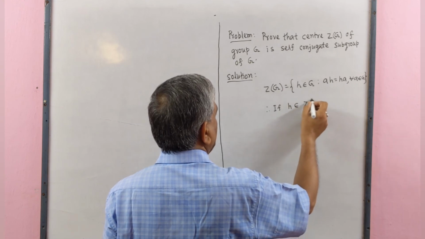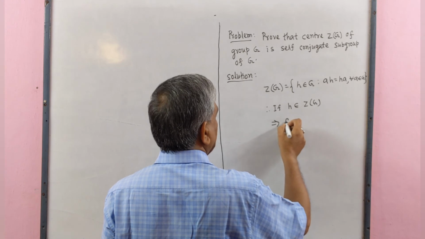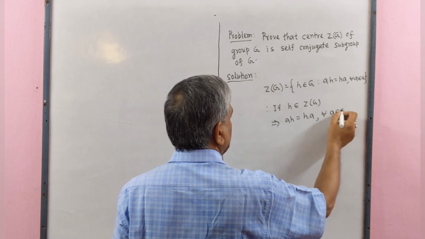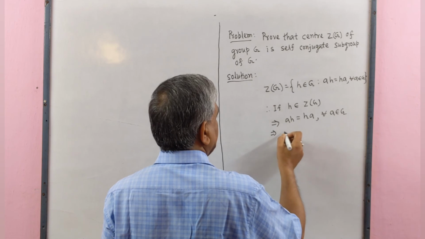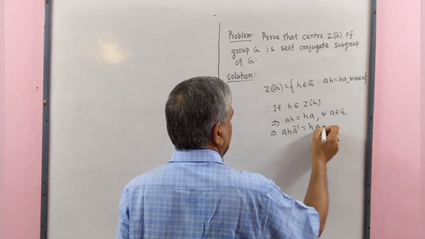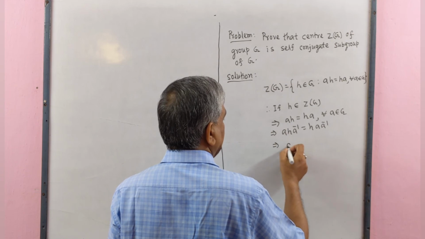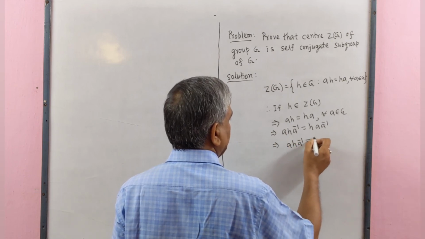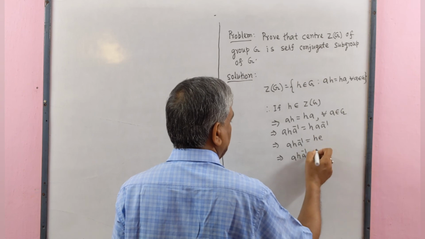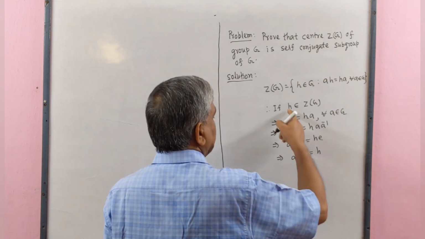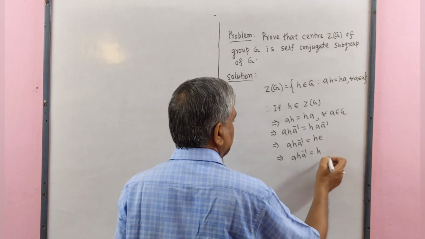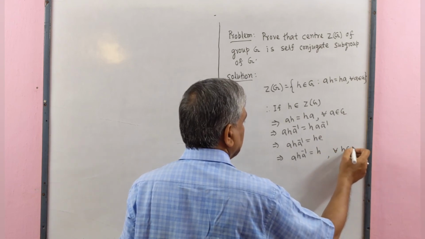Therefore, if H belongs to Z(G), this implies that AH equals HA for all A belongs to G. This implies that AHA inverse equals HAA inverse, which implies that AHA inverse equals HE, which implies that AHA inverse equals H. Since H is an arbitrary element of Z(G), this is true for all H belongs to Z(G).